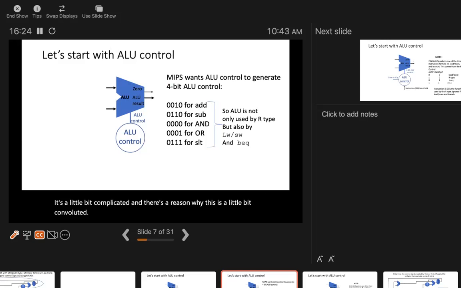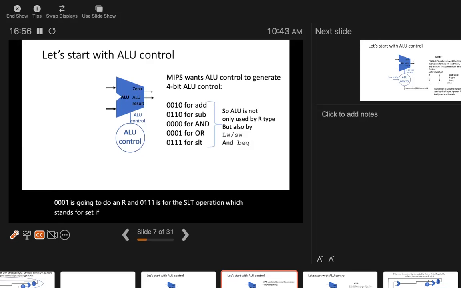Now, this is how the ALU control actually works, and this is just for general knowledge, so don't worry too much about it. If the ALU control generates the signal 0010, it means we are asking the ALU to do add. If it generates 0110, we are asking it to do a subtract. 0000 performs a bitwise logical AND between the two ALU inputs. 0001 is going to do an OR, and 0111 is for the SLT operation, which stands for set if less than.